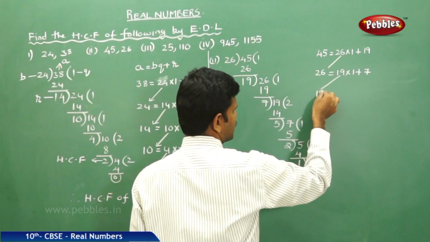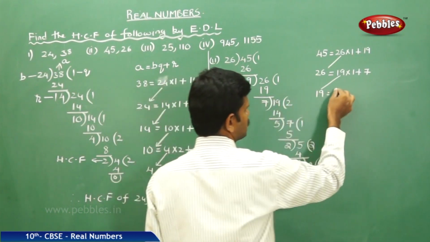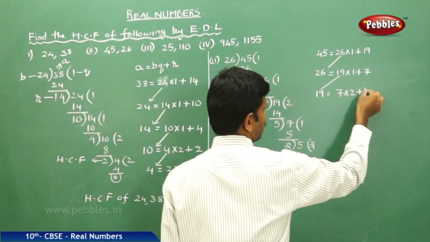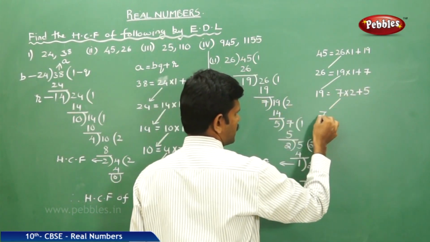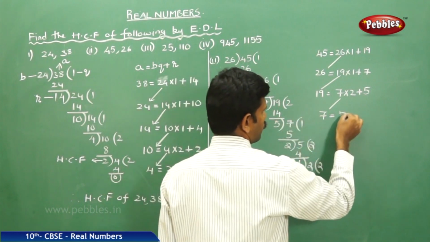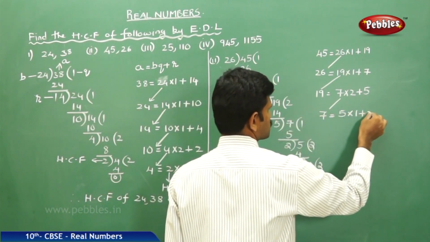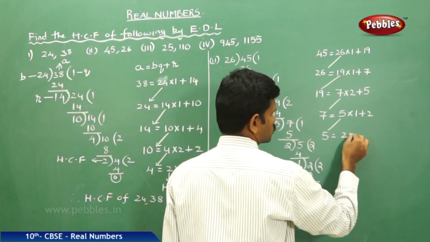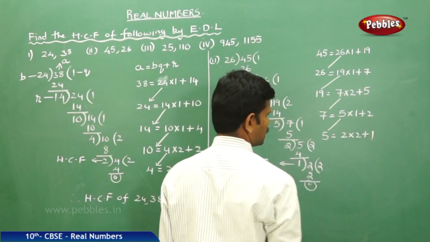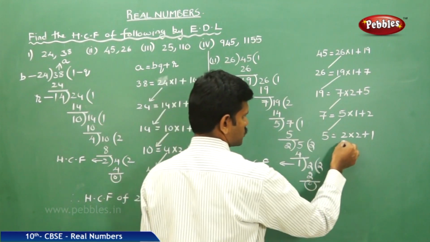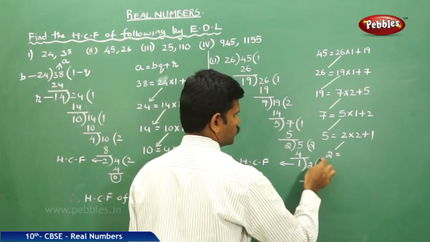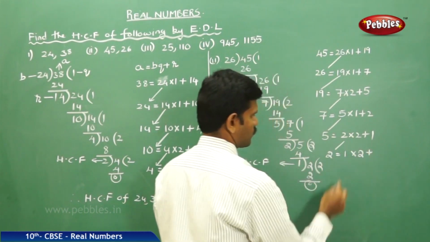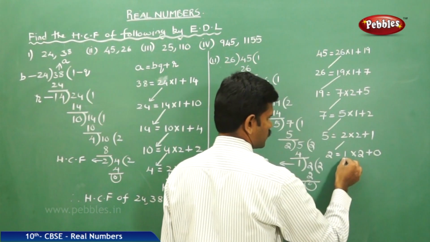Next, 19 breaks down into 7 × 2, that is 14, plus remainder 5. Next, 7 breaks down into 5 × 1 plus 2. Next, 5 breaks down into 2 × 2 plus 1. Next, 2 breaks down into 1 × 2 plus remainder 0.